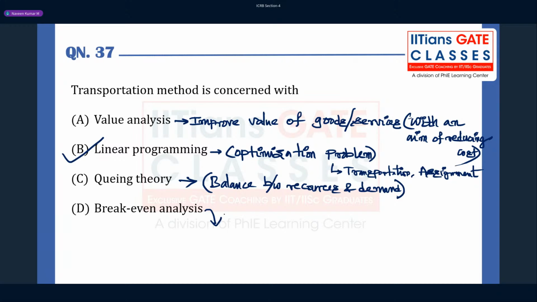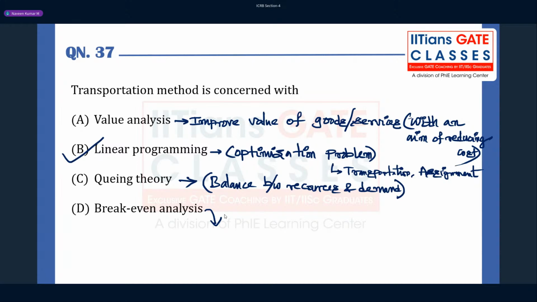And break-even analysis, you might have known already. It's nothing but how much you have spent on some kind of service and how much you got back, right? It's a tool to analyze whether you have reached break-even.